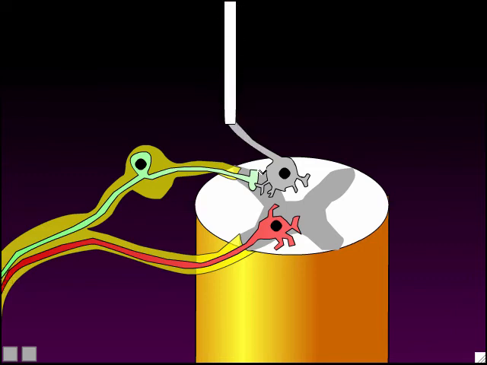So, we're beginning to explain the butterfly shape of the gray matter, at least this one wing of the gray butterfly right here. You see why it's gray matter. Gray matter is cell bodies and dendrites, right? And so that's what we see here. We see the cell body of this interneuron of an ascending tract and its dendrites synapsing with that axon terminal there.